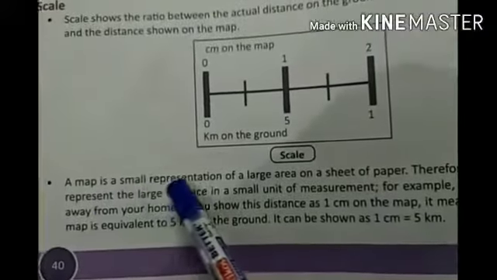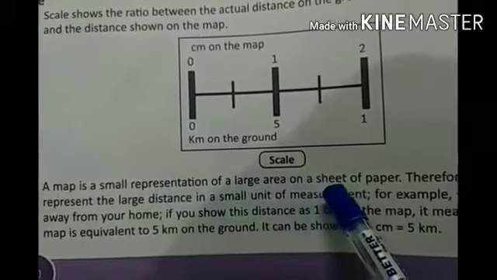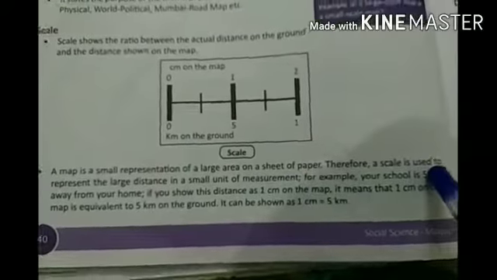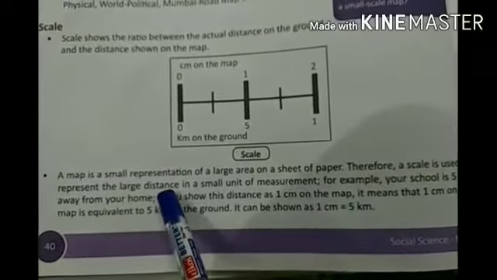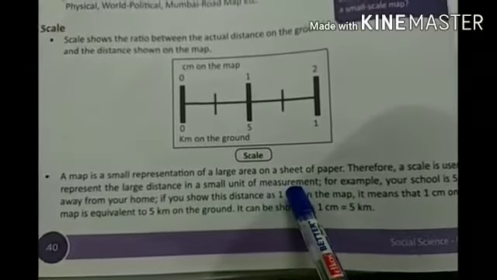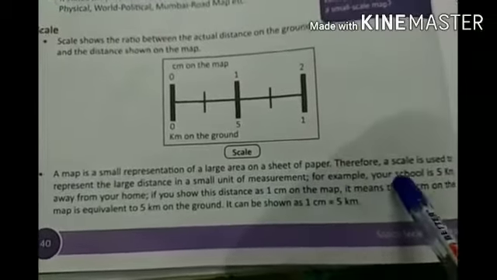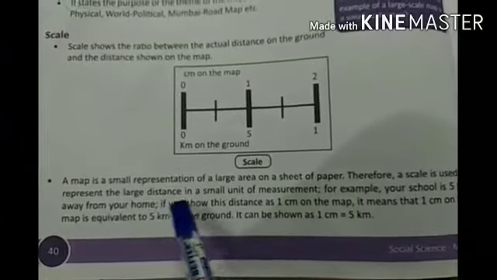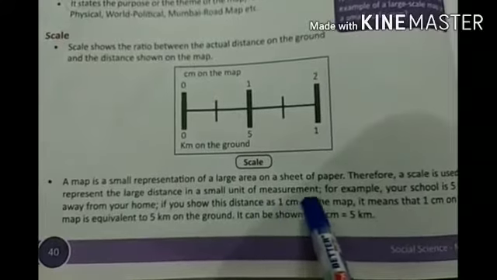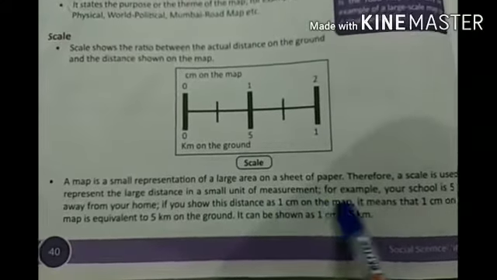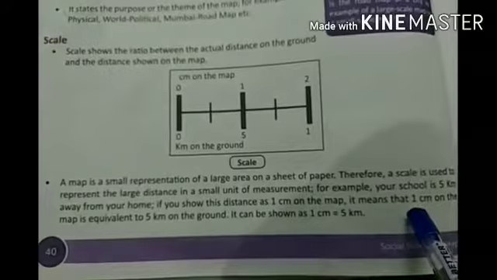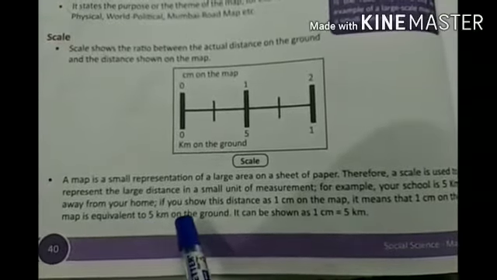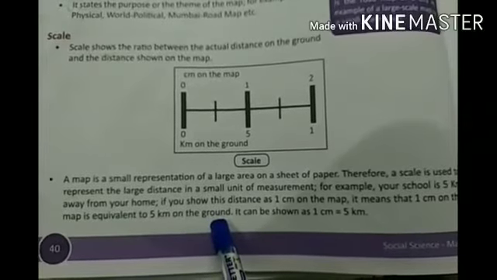A map is a small representation of a large area on a sheet of paper. Therefore, a scale is used to represent the large distance in a small unit of measurement. For example, your school is 5 kilometers away from your home. If you show this distance as 1 centimeter on the map, it means that 1 centimeter on the map is equivalent to 5 kilometers on the ground.